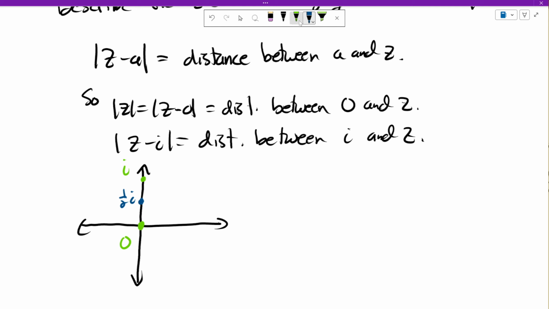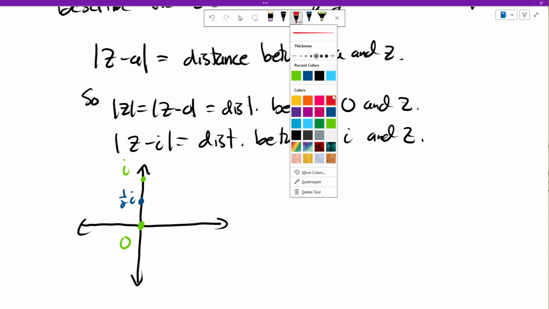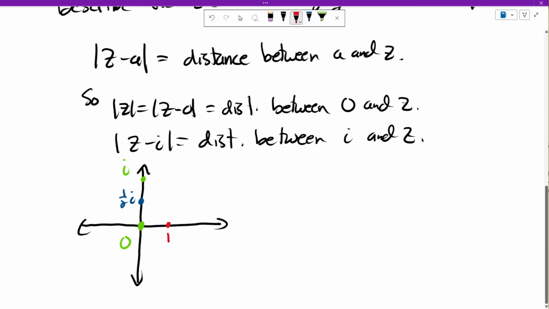A point which I'll put in red, which is not okay, is something like 1. So it's not a solution, because the distance to 0 is 1, whereas the distance to i is clearly more than 1. In fact, this is not the correct spot. Let me put 1 in the correct spot. The distance to i is √2. So 1 would not be a solution.